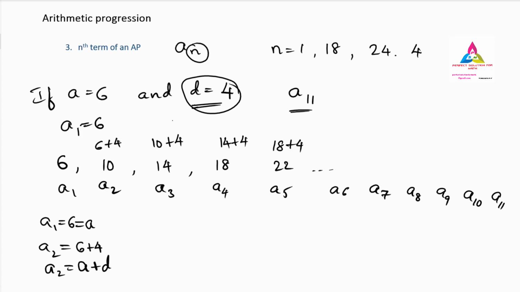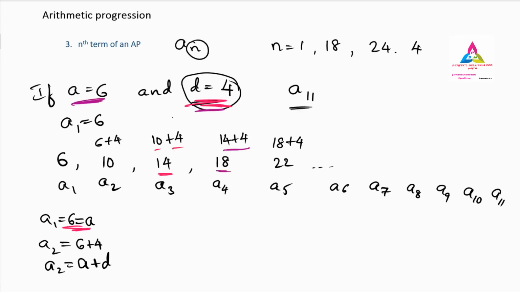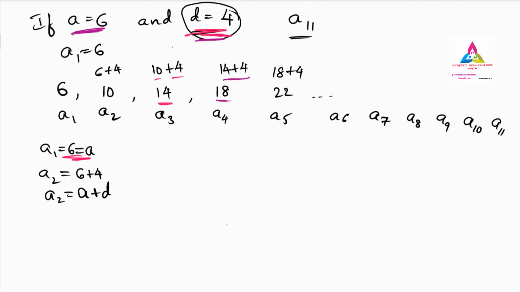Similarly, if you move further to find a3, 14 we have, so that is nothing but 10 plus 4, which can be written as 6 plus 4 plus 4.